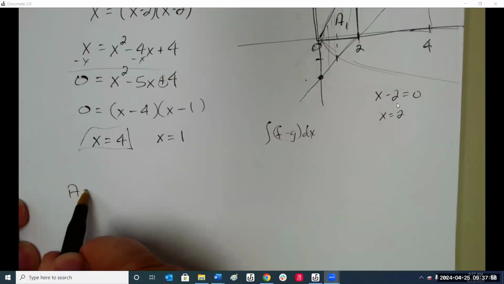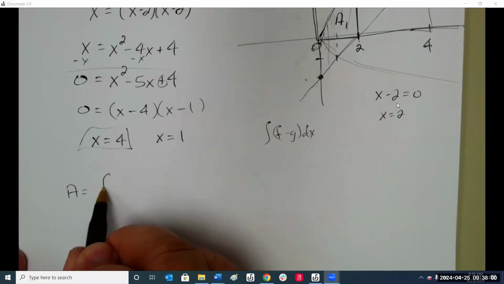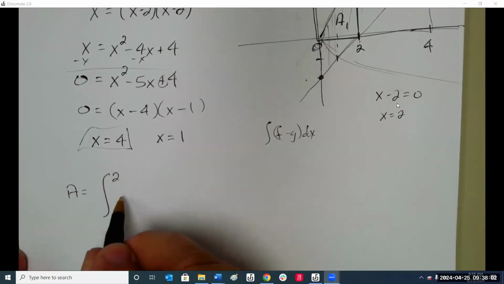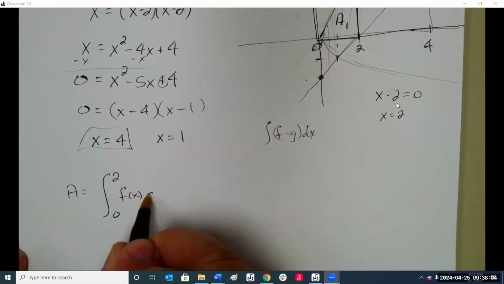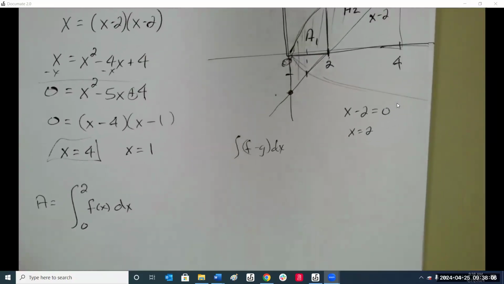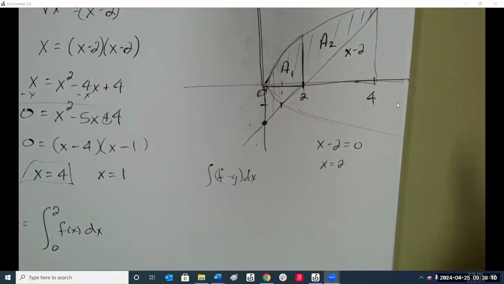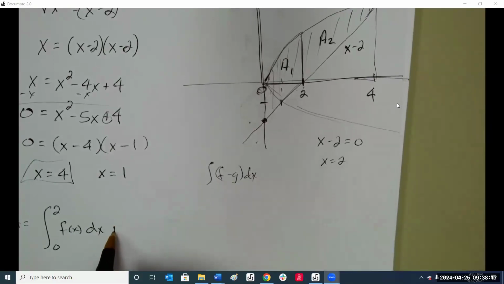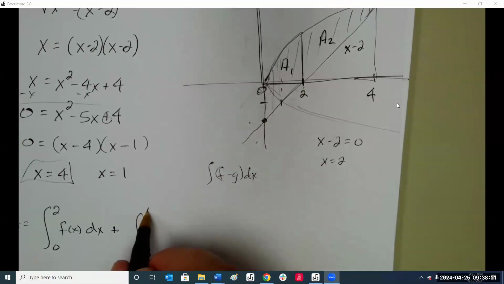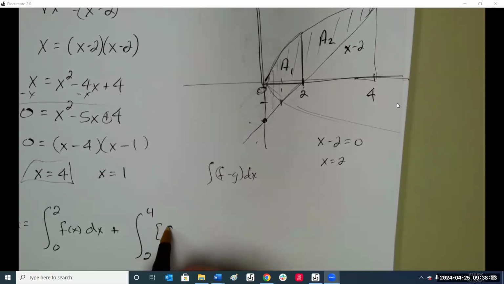So the area of our first one is from 0 to 2 of our f of x function, because the g of x doesn't do anything here between 0 and 2. Then we're going to add from 2 to 4. That's when we do the f of x minus g of x.